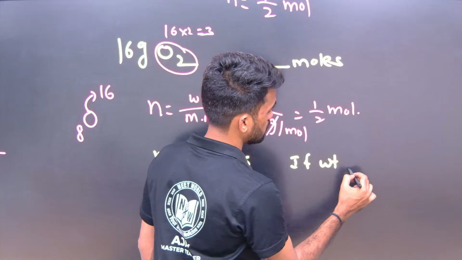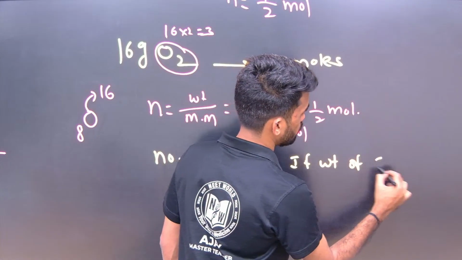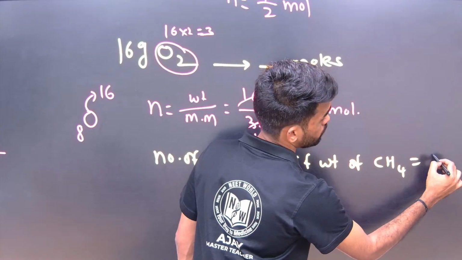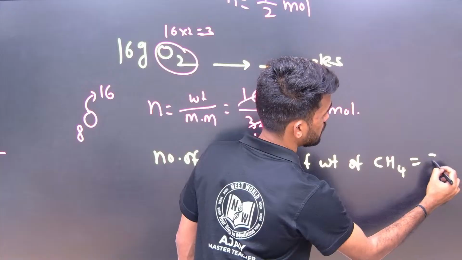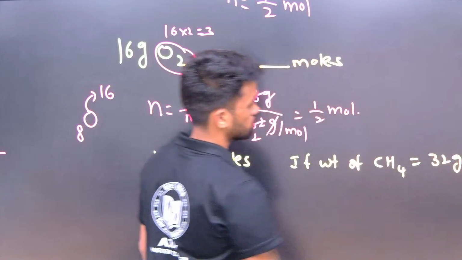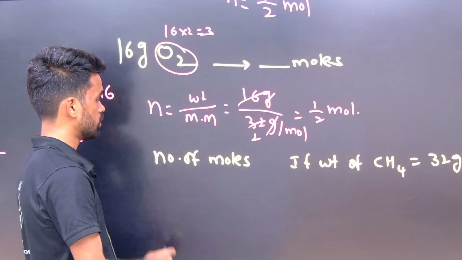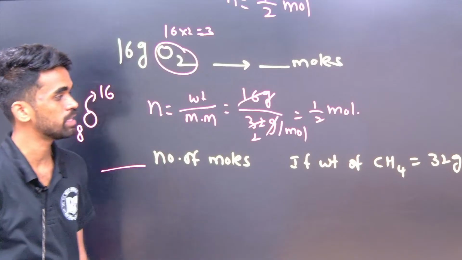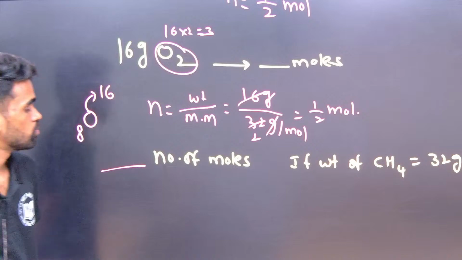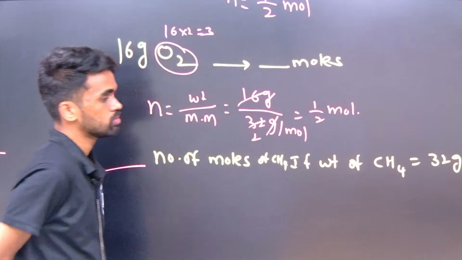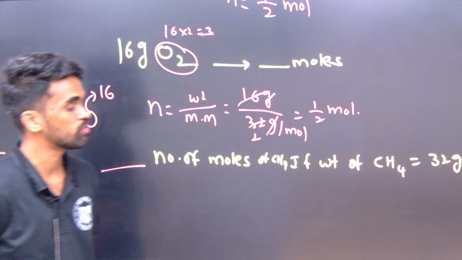If the weight of methane is, let us say, 32 grams, what is the number of moles of methane if 32 grams of methane is given?